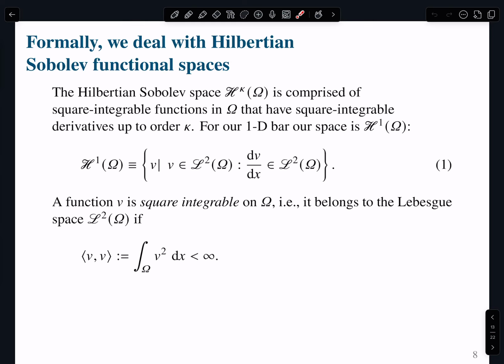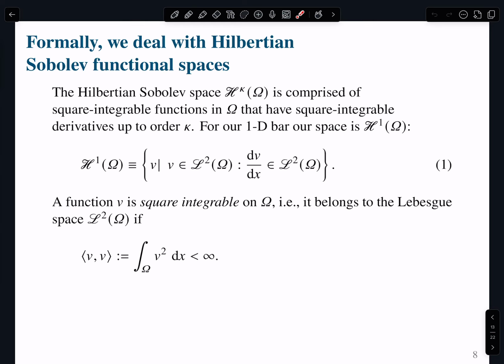Mathematicians look at this from a different perspective. They say, well, I want to work with the so-called Sobolev functional spaces. So a Sobolev functional space, you can write it simply like this. Mathematically, it's a set of functions v that are in the so-called Lebesgue space L2, which is simply saying, by definition, that the function squared, integrated over the domain, has to have a finite value.